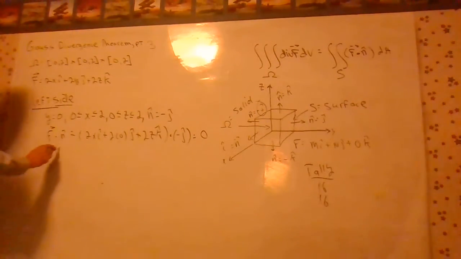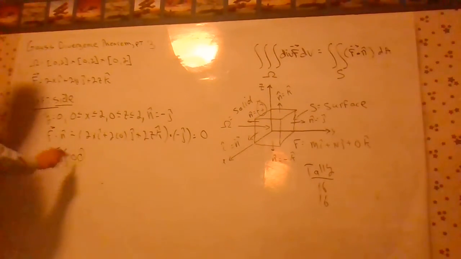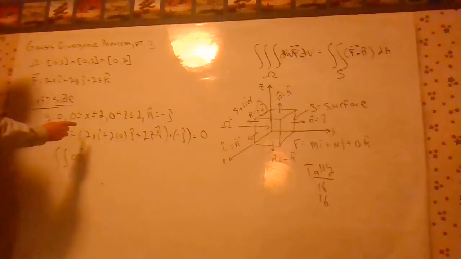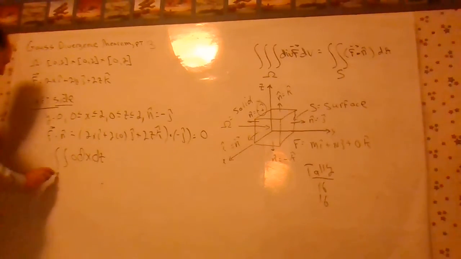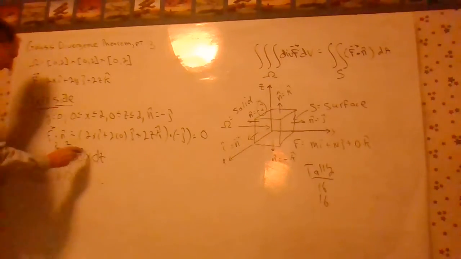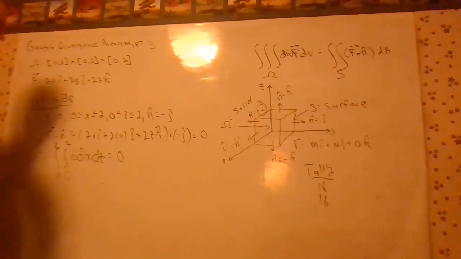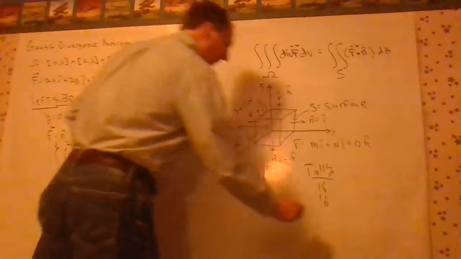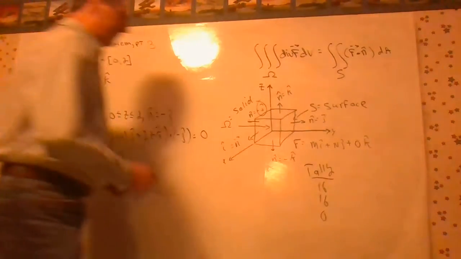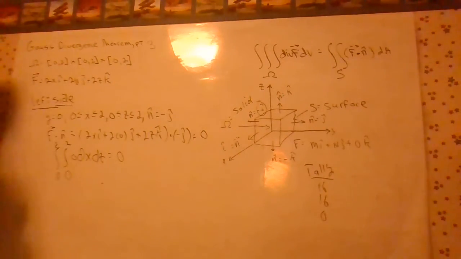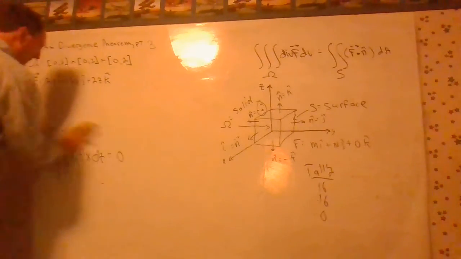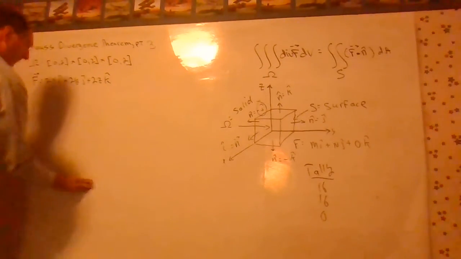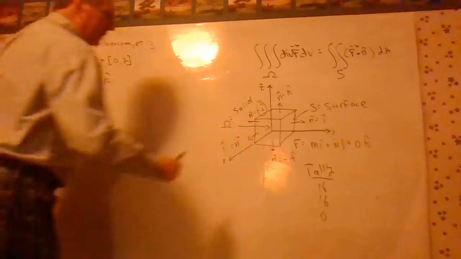And so we're going to integrate 0, dx dz, 0 to 2, 0 to 2, and we're just going to get 0. I'll put my tally there. And let's do the back.